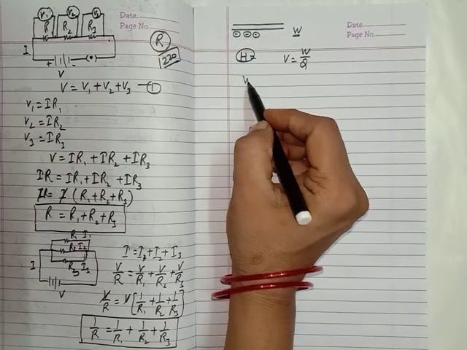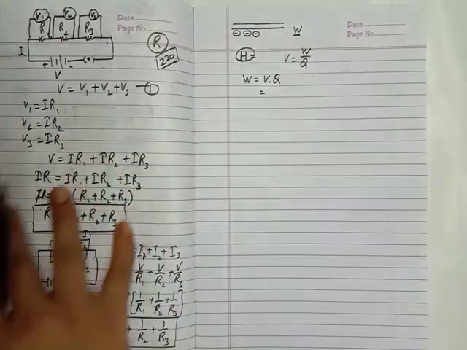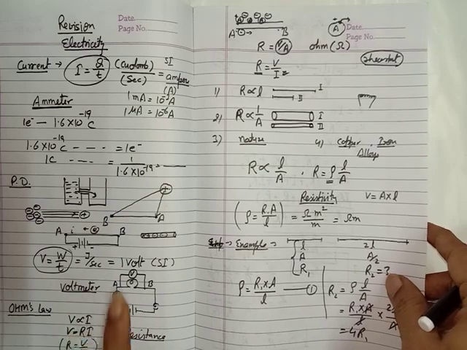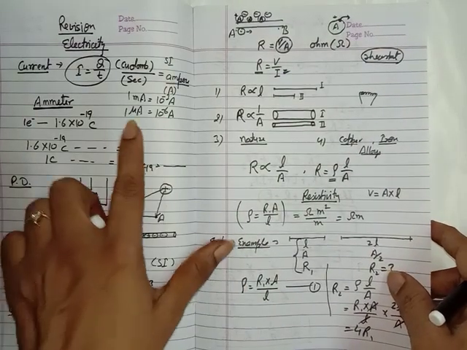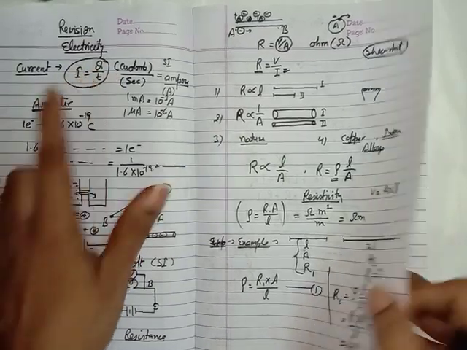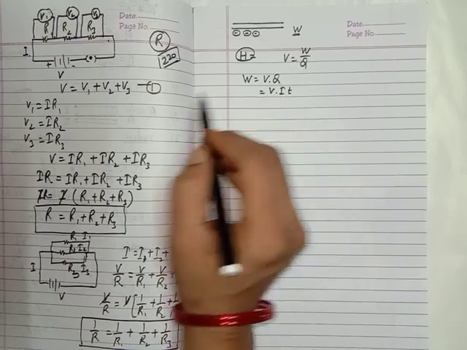So we can say W is equal to V into Q. And what about the Q here? I already explained the formula of current: I is equal to Q upon T. So we can say Q is equal to I into T. So I am writing here I into T.